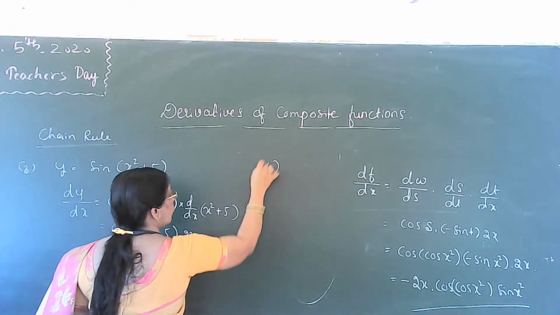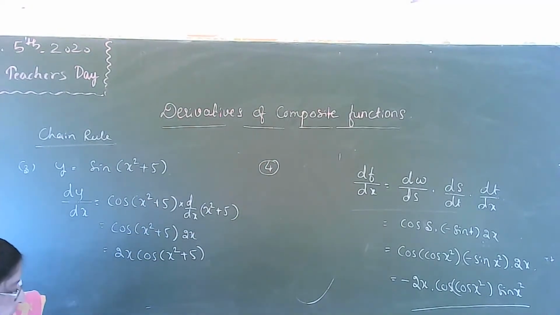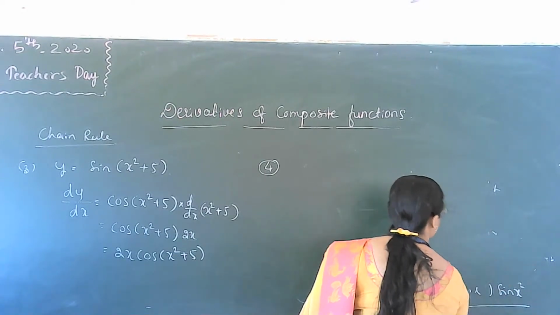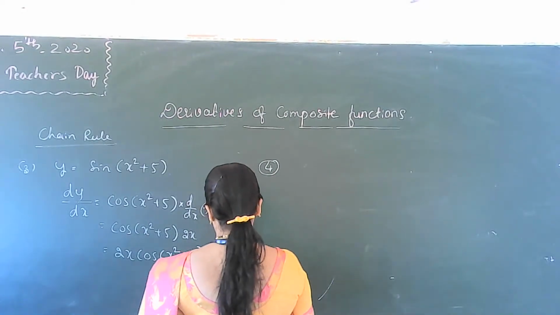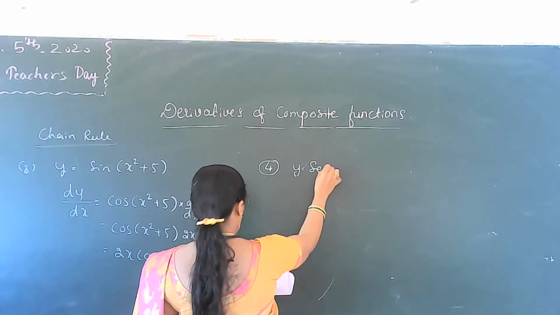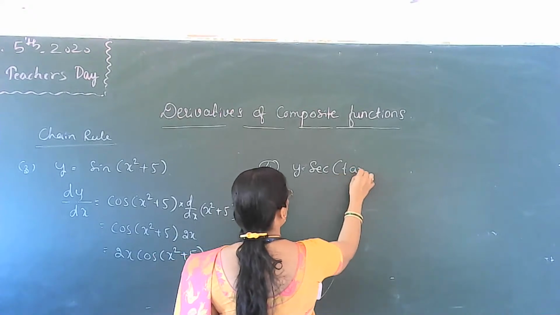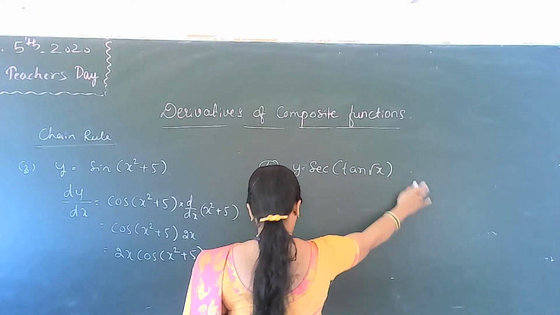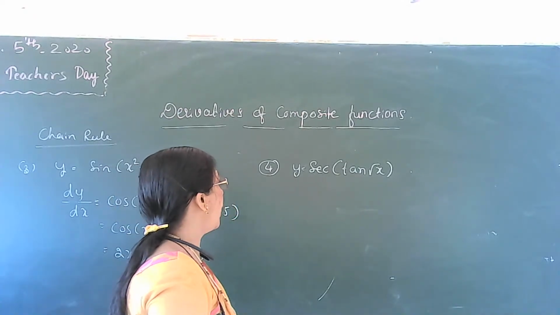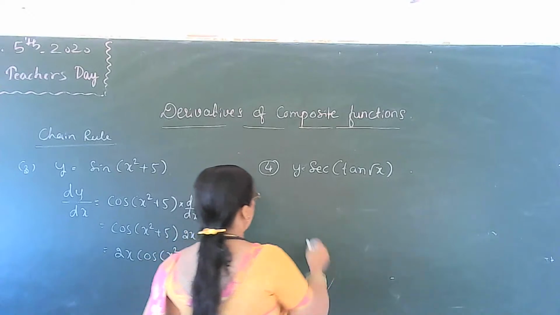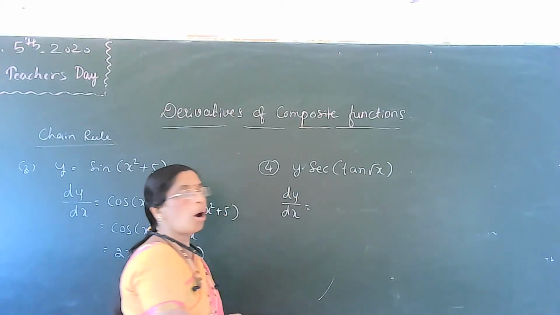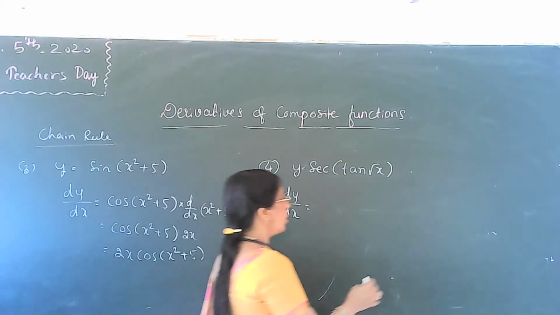Next, fourth problem. y is equal to sec of tan of root x. It's a composite function of three functions u, v and w. Here dy by dx is equal to sec of tan root x.